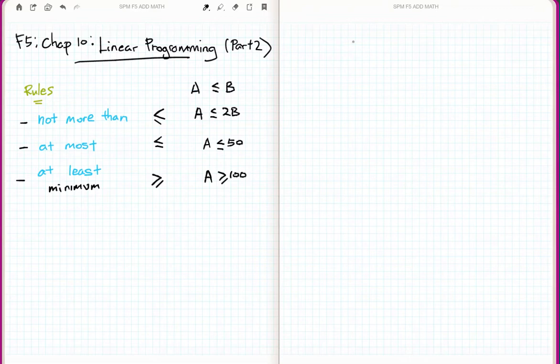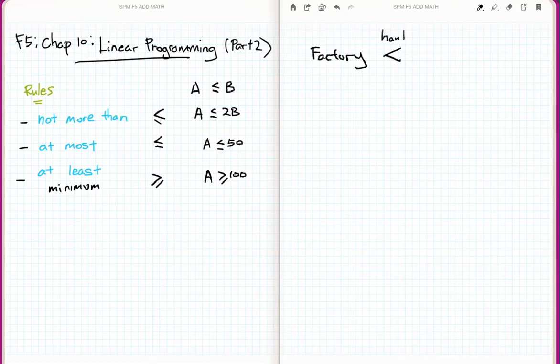Say for example, to summarize, some factory produces 2 types of handbag, handbag A and B, and the factory produces X bags A and Y bags B per day.